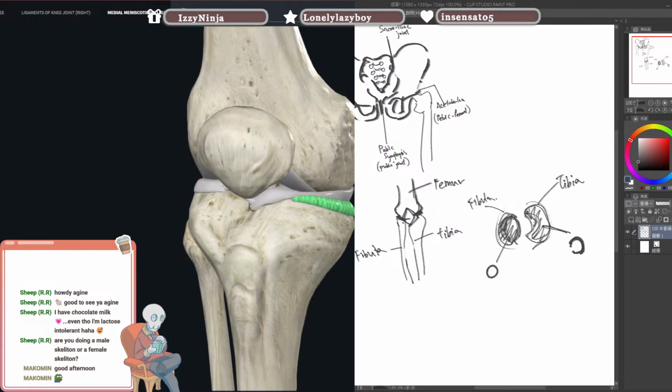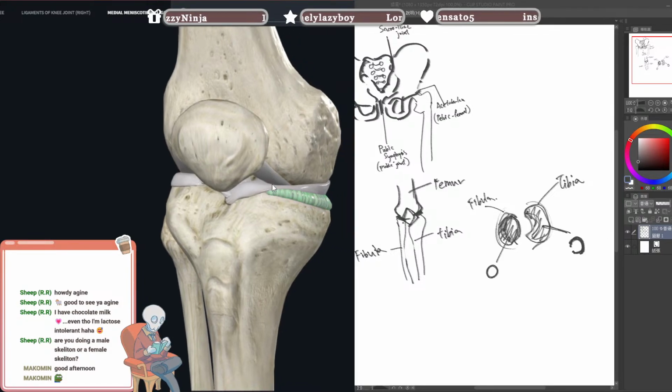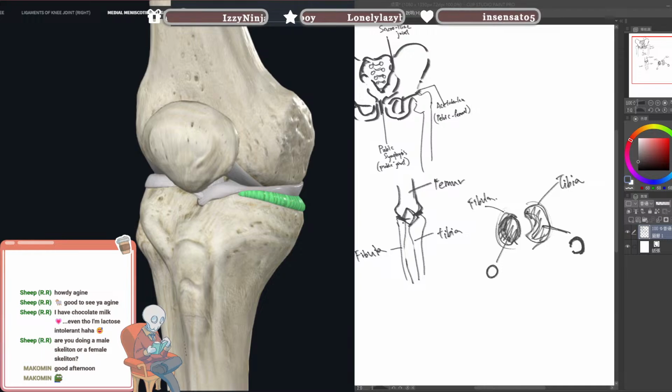Anyway, this is a top-down view, and the green ligament highlighted here, which I'll move a little bit to the side, is called the medio meniscotibial ligament. Let me try to spell it.